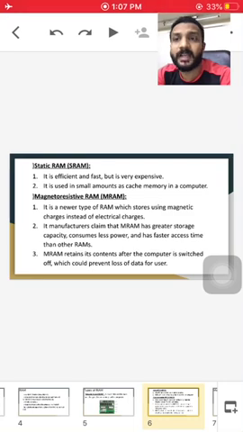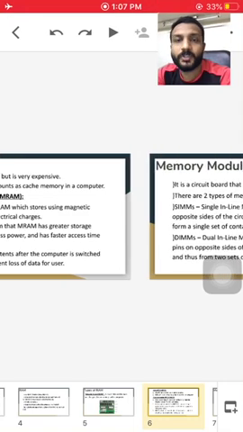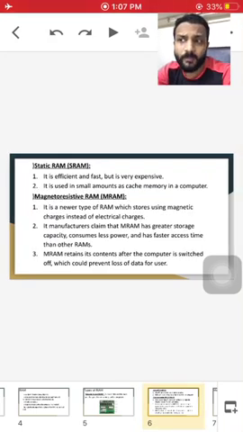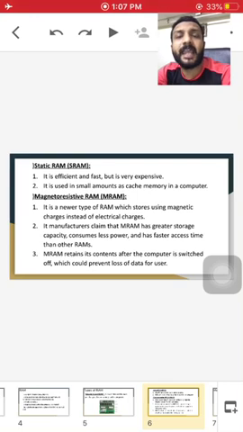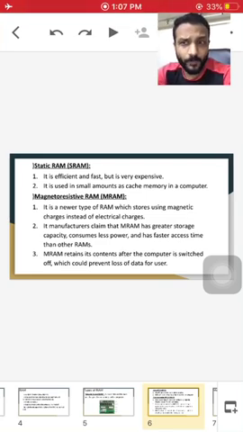So these are the three main qualities of MRAM: it consumes less power, has higher storage capacity, and is faster than any other RAM. MRAM retains its content after the computer is switched off, which could prevent loss of data for the user.